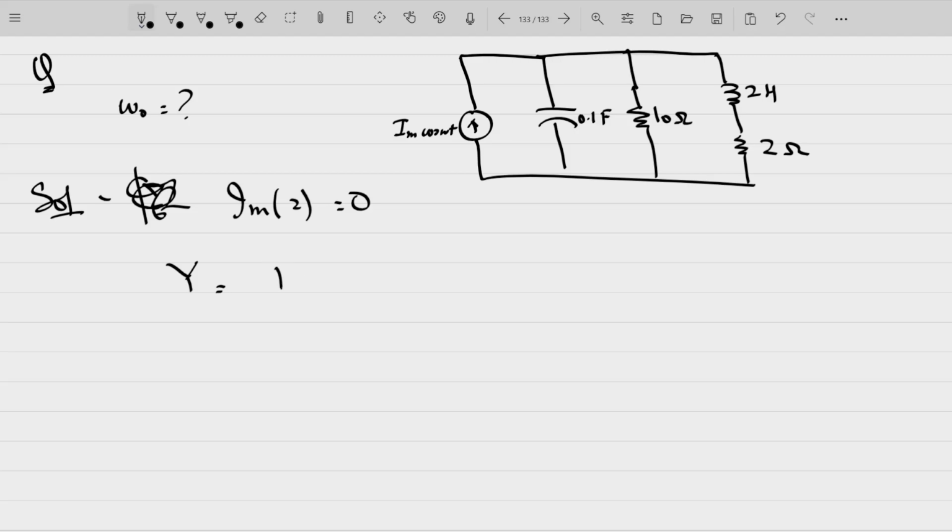Admittance in this case is simply j omega C, that is 0.1 j omega, plus 1 by 10 ohms, plus 1 divided by 2 plus j omega L, where omega L is 2 omega.